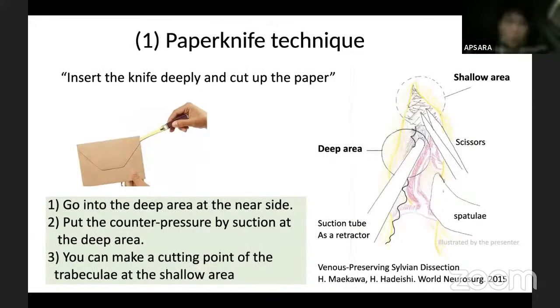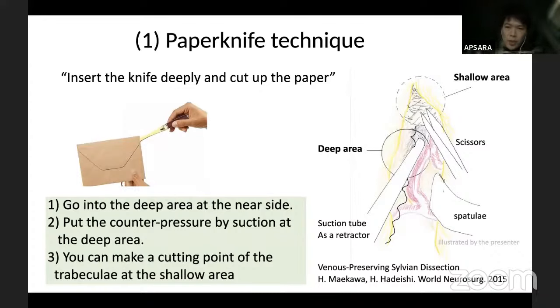The first concept is the paper knife technique, which means that when we use a paper knife, we insert the knife deeply first, then cut up the paper at the surface area. In this way, please go into the deep area first at the near side. Then you can put the suction tube to make a counter pressure.